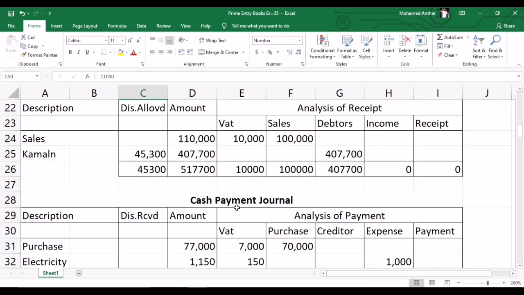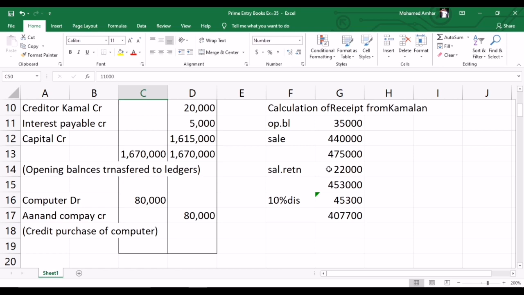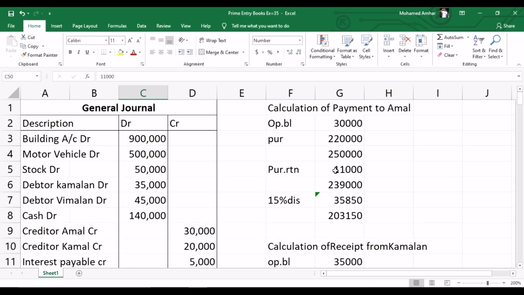So, if we have returned goods value of 11,000, we need not give 250,000. So, deduct the returned goods value from 250,000 payable. So, the balance payable amount is 239,000. So, this is the amount payable up to this date.